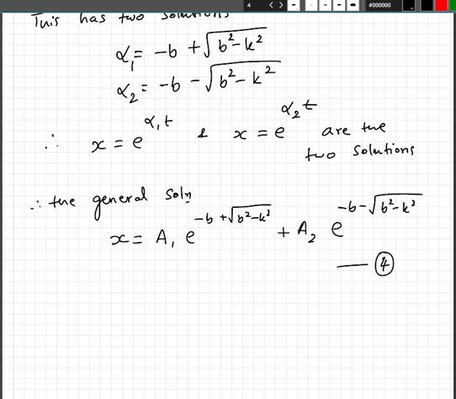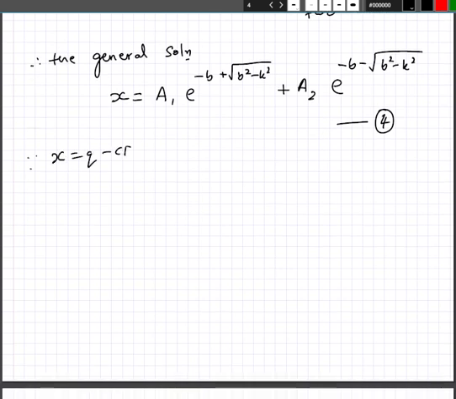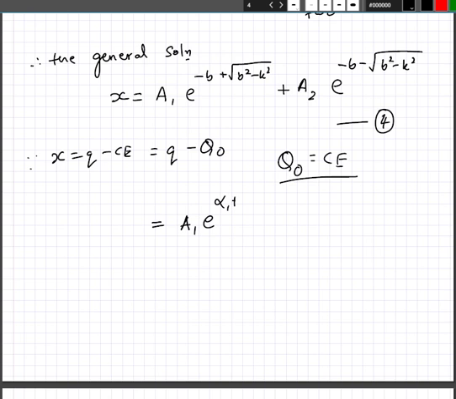Okay. So since x is equal to q minus q naught, where q naught is the charge stored on the plates of the capacitor when it is fully charged, that is equal to a1 e to the power alpha 1 t plus a2 e to the power alpha 2 t, or that implies q is equal to q naught plus a1 e to the power alpha 1 t plus a2 e to the power alpha 2 t.